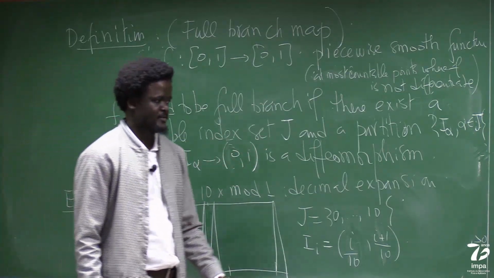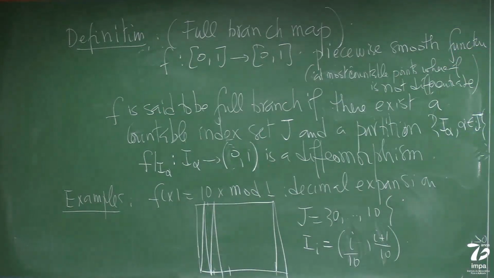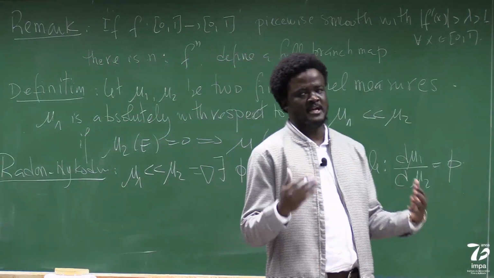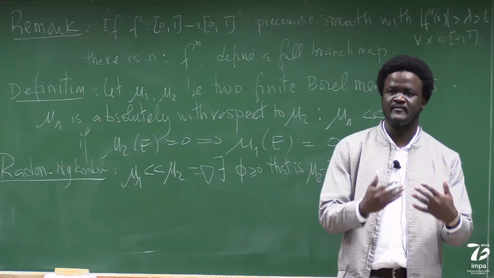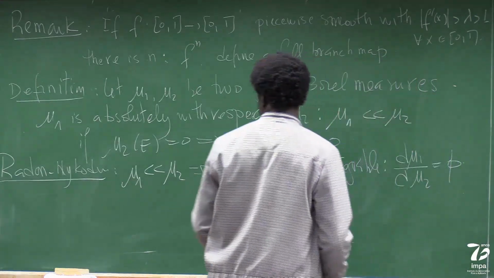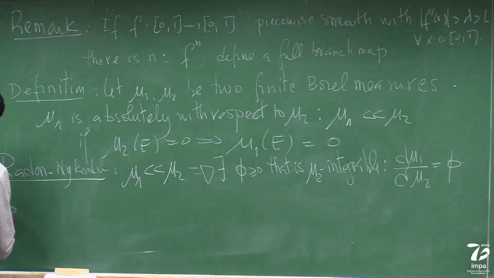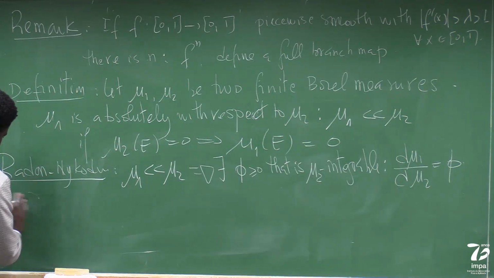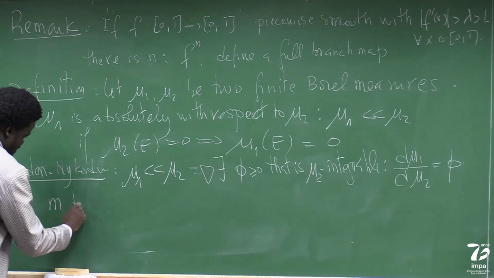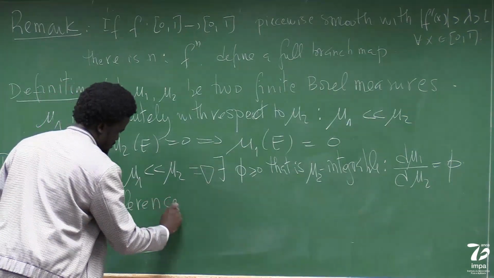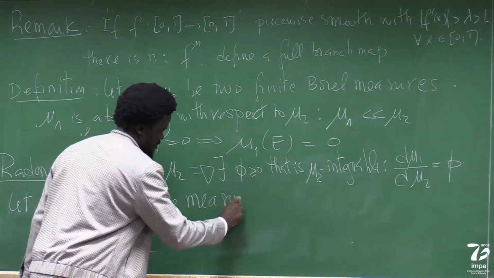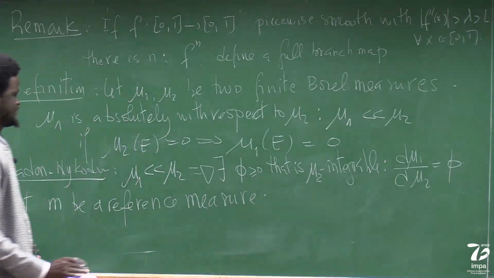So the Perron-Frobenius operator is introduced to find measures that are absolutely continuous with respect to a reference measure. To define it, let m be a reference measure. So m is fixed.